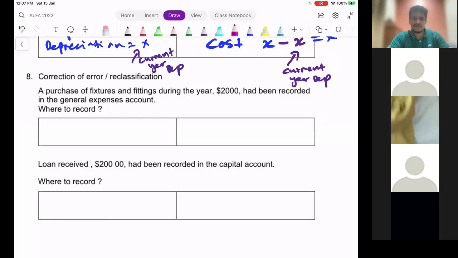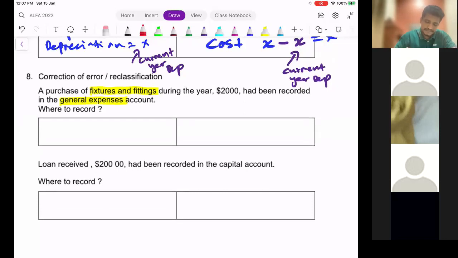Plus the expenses, no. Read the question carefully.